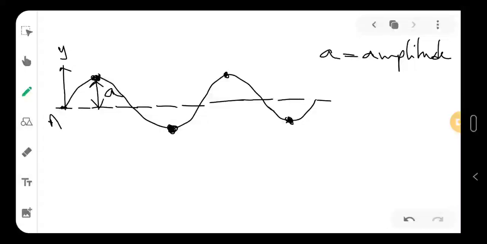So crest and trough. From one crest to another crest, or from this beginning point A to point B, or from C to D, that distance is called lambda, the wavelength.